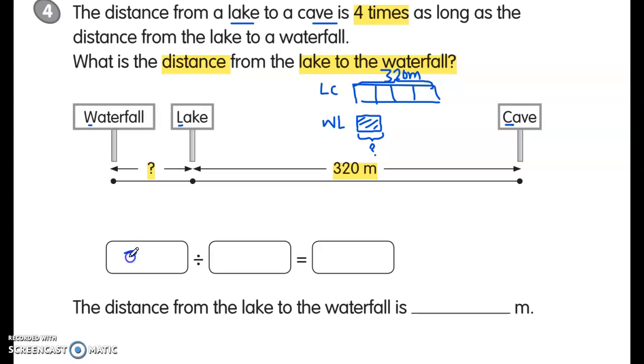So what divided by what? 320 divided by 4 groups. Okay, now again, workings at the side. I hope you remember how to divide. Okay, so after you have done your division, key in your answer into the blank below to check whether you got this question correct.